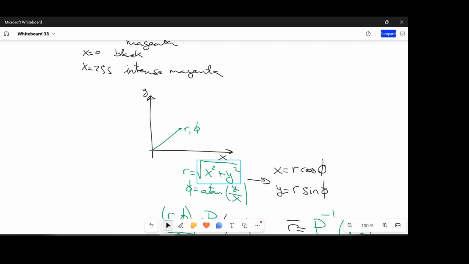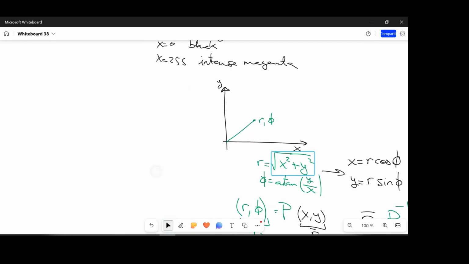I can take this one. Let's do it with polar, okay? So let's do it. Polar is equal to rho. So I can construct here my R and phi axis.